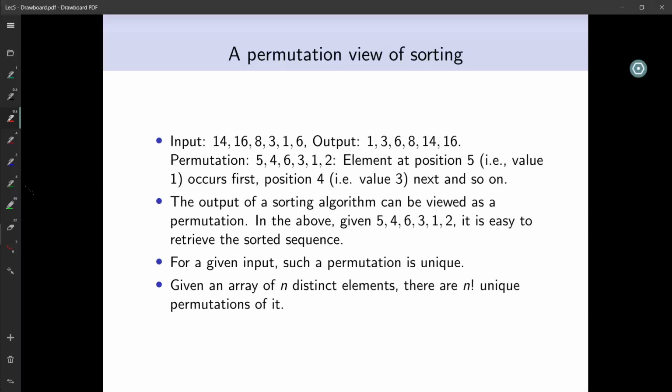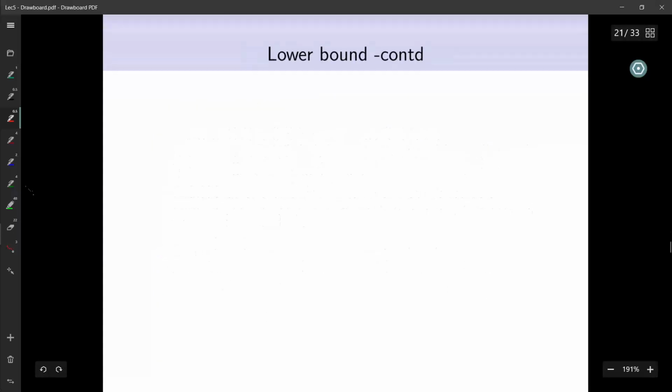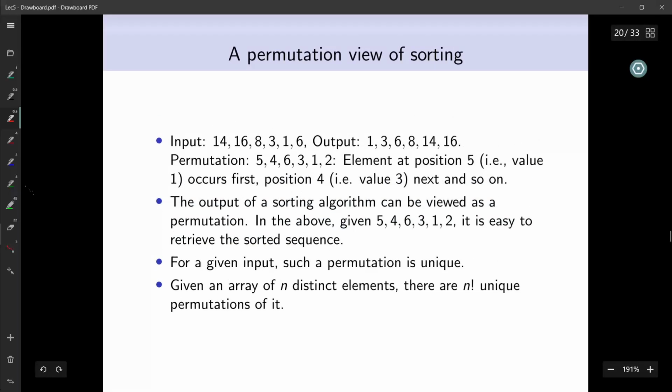So our algorithmic output could be any of these permutations. These are the points to keep in mind. Now we are ready to prove the lower bound.